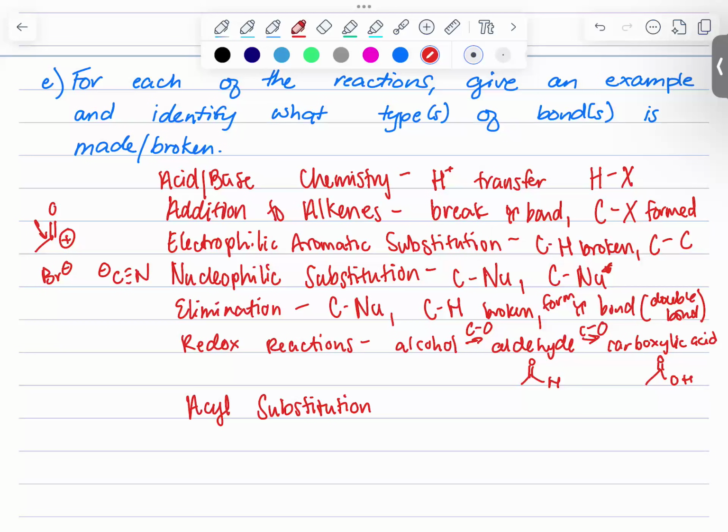In acyl substitution, what kind of bond will we make? What happens in acyl substitution? What do we need as our starting material? We'll need some kind of carbonyl.